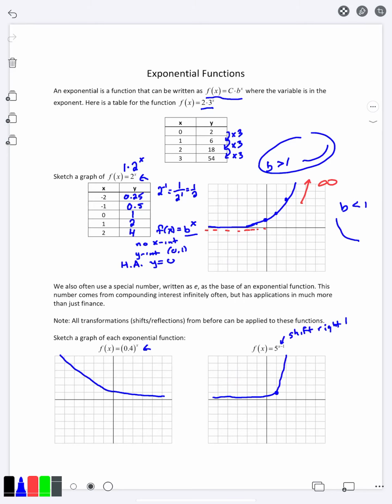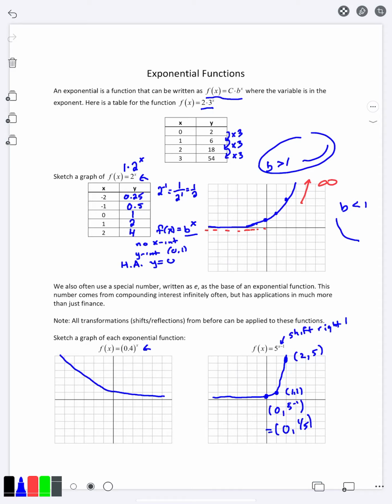And so that point that was originally at (0, 1) is now over here at (1, 1). And if I wanted you to have more points, I could say, try to plug in another point here. And if you plug in 2, you'd get 5 just by plugging it in there. If you want to know the y-intercept, you plug in 0. And that will be 5 to the negative 1 power, or you can write that as 1/5, or as 0.2.